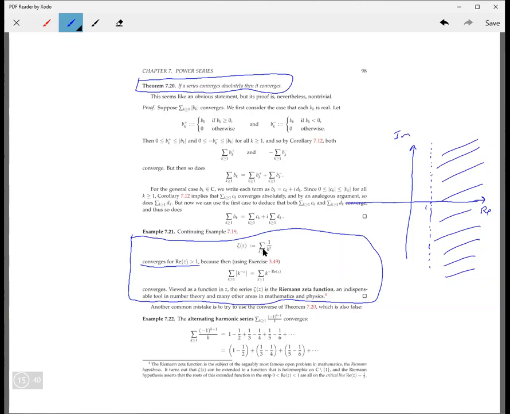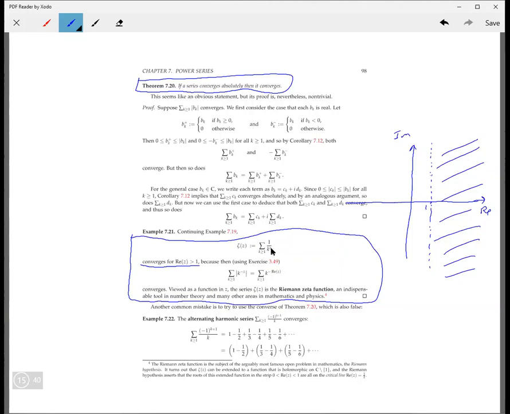It's 1 over k to the z. This is kind of weird. So you have the z in the exponent, and it's kind of like the p series, except instead of a p, you have a z right there.